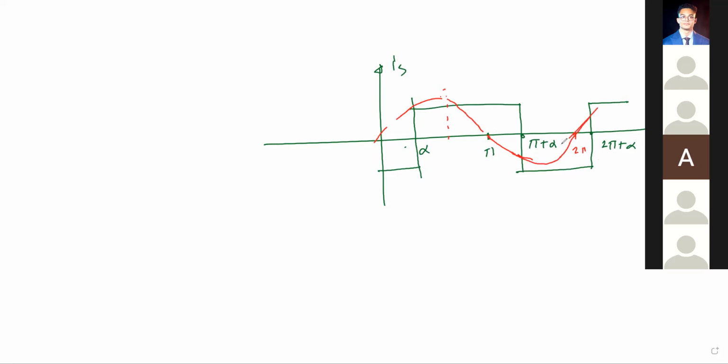Did you plot correctly? This is your VS. This is your IS. So IS is sinusoidal or rectangular?